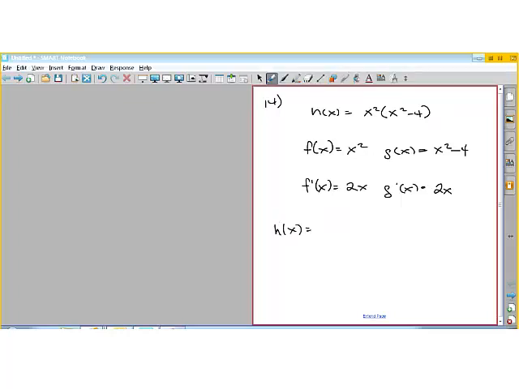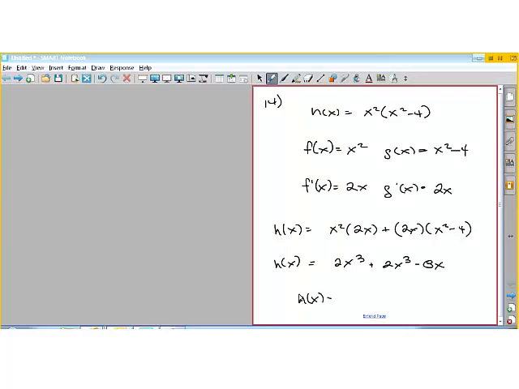So if we do it this way, we'll get x squared times 2x, and then we'll add 2x times x squared minus 4. And we'll multiply out. So we'll get 2x cubed plus 2x cubed, 2x times x squared, and we'll get negative 8x.